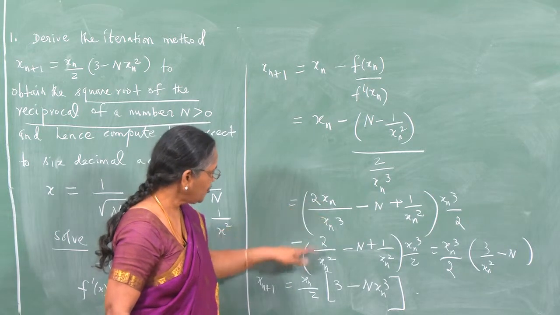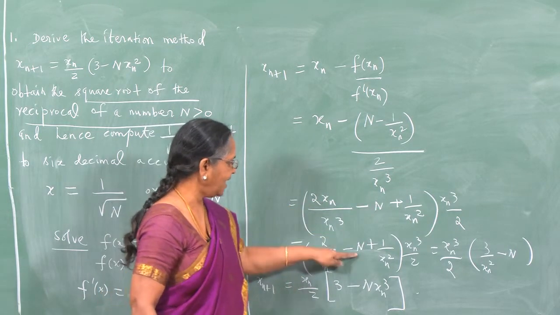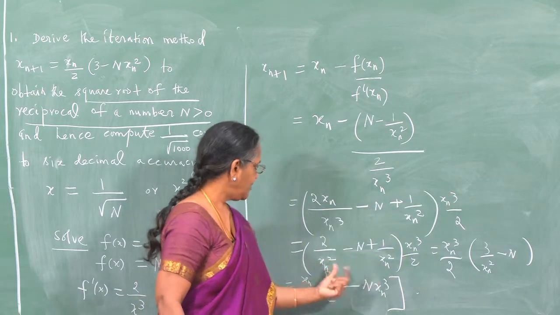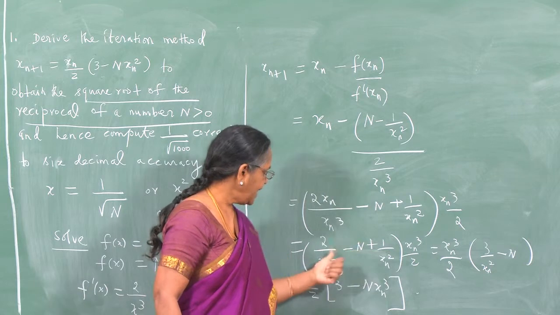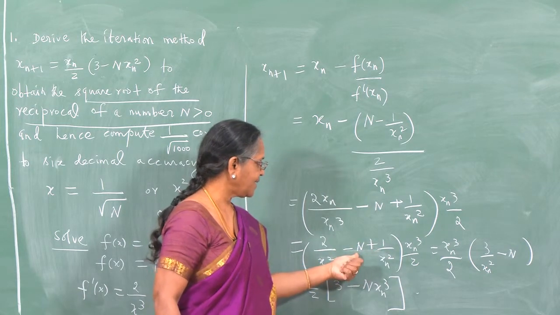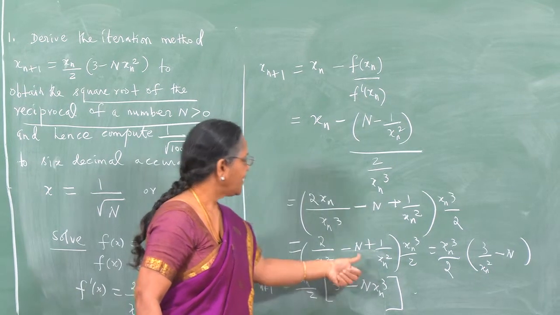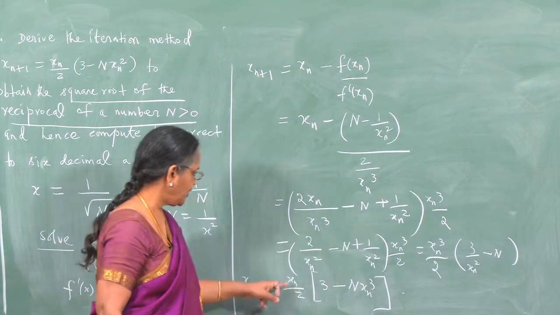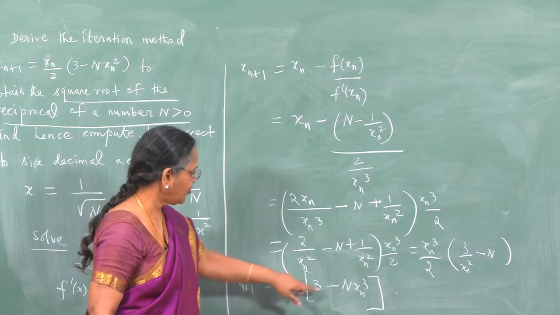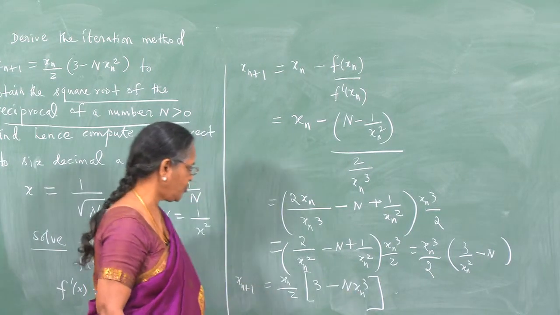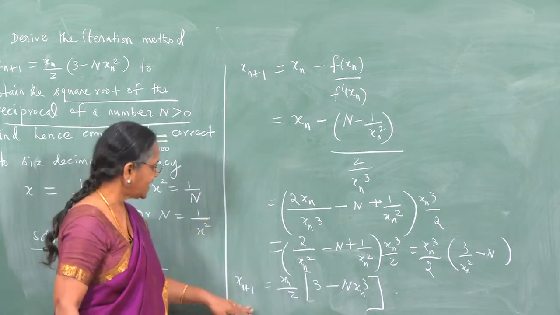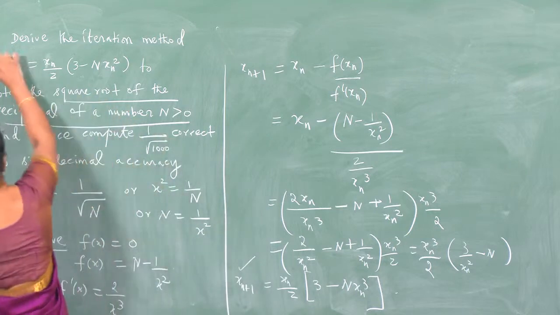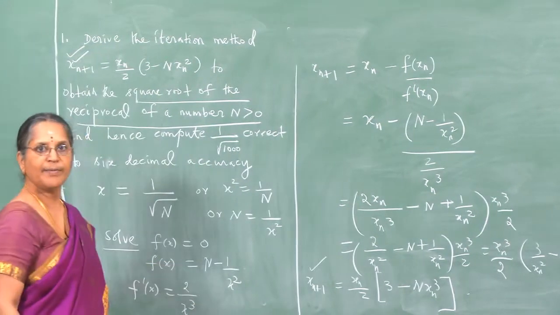So, this gives you 2 by x n square minus n plus 1 by x n square into x n cubed by 2. So, I have 3 by x n square minus n multiplied by x n cubed by 2, and that simplifies to x n by 2 into 3 minus n x n cubed, and what is it? That is x n plus 1. We observe that this is essentially what appears in the given problem.